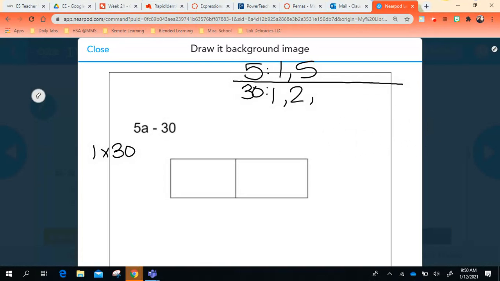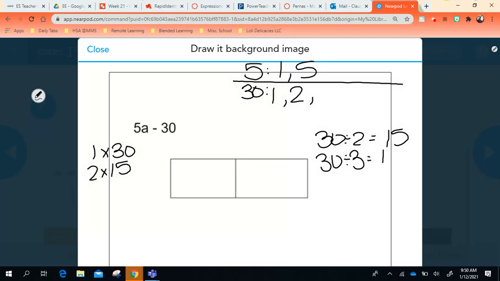Now, if I do 30 divided by 2, that gives me 15. So like you were saying, 2 times 15 gives me 30. So let's say I do 30 divided by 3. It gives me 10. So 3 times what gives me 30? 3 times 10.